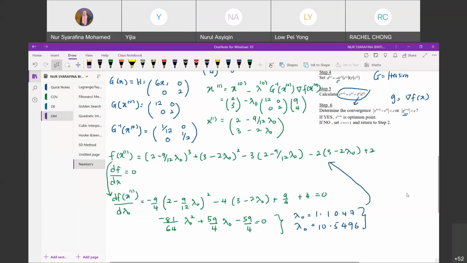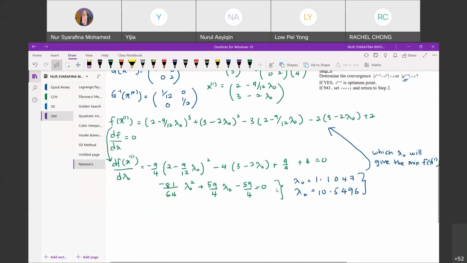Just substitute lambda naught into f at x1 here and identify which lambda. Lambda naught equals 1.1047 will give the minimum function value. As you can see, this is 1.1, this is 10.5, so of course this one will give the smaller function value.